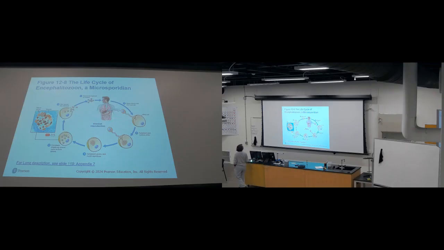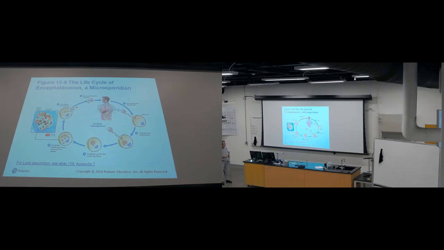So here we have the life cycle of Microsporidia. Someone may inhale the spores. Those spores go into the body, and the spores find the right temperature and start forming a hypha that is going to be endocytosed by the host cell.